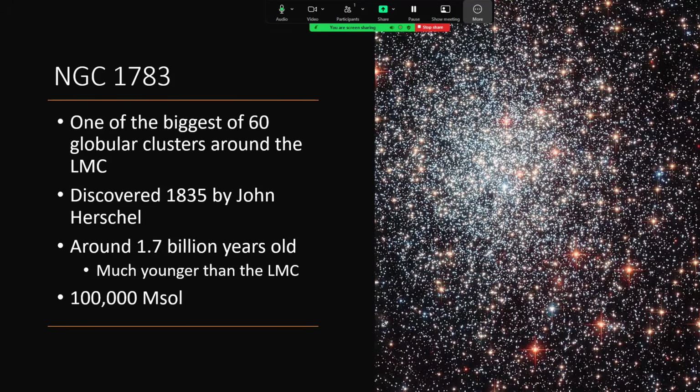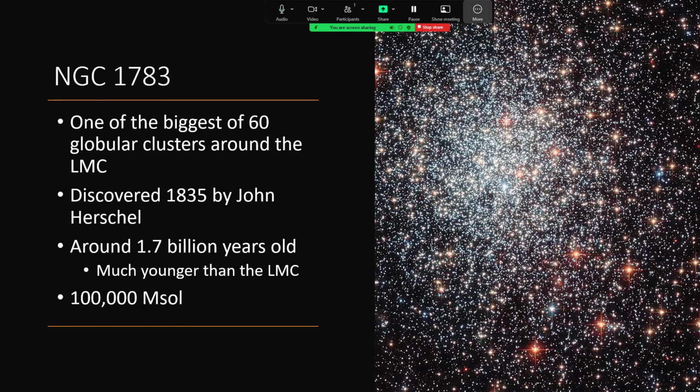This is NGC, the New General Catalogue, a list of objects created by John Herschel, son of William. And so in 1835, he found this one, and this is the largest of about 60 of these globular clusters that are associated with and in orbit round the outer reaches of the LMC.